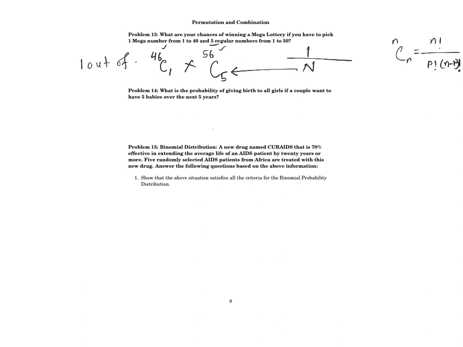And what is the probability of giving birth to all girls if a couple wants to have 5 babies over the next 5 years? So these are 5 independent events again. So each year there are 2 possibilities. So over 5 years there will be 2 to the power 5 different possibilities.